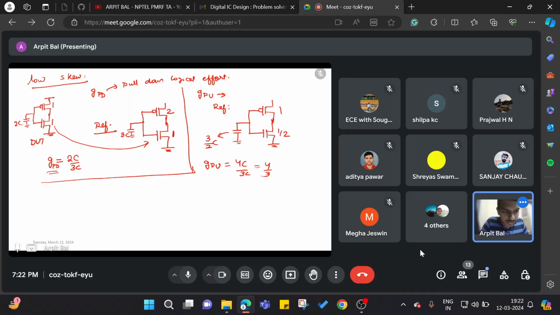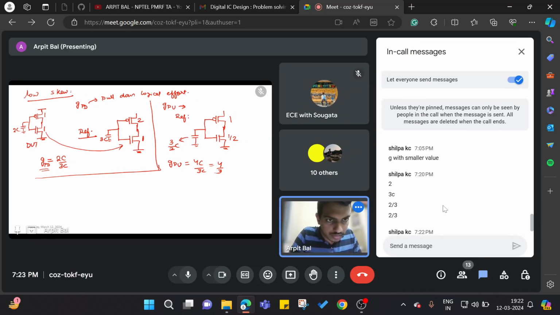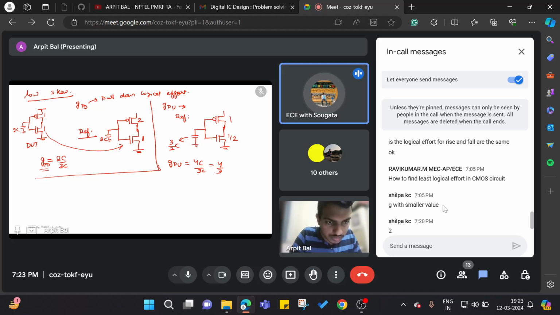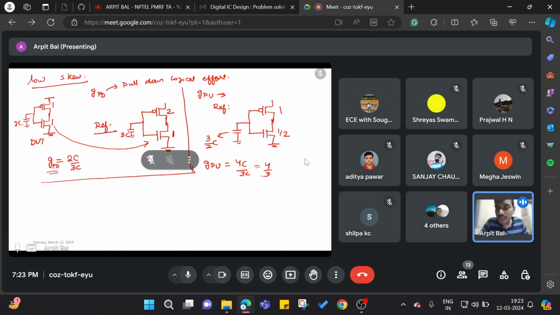Is there any other question? Sir, this GPD is G-fold, no? Yes. PD, I mean pull down.